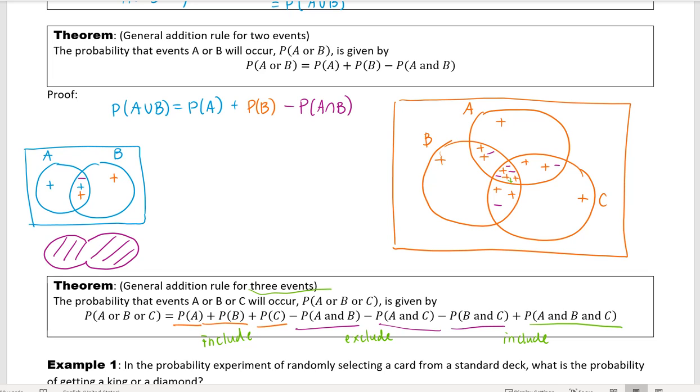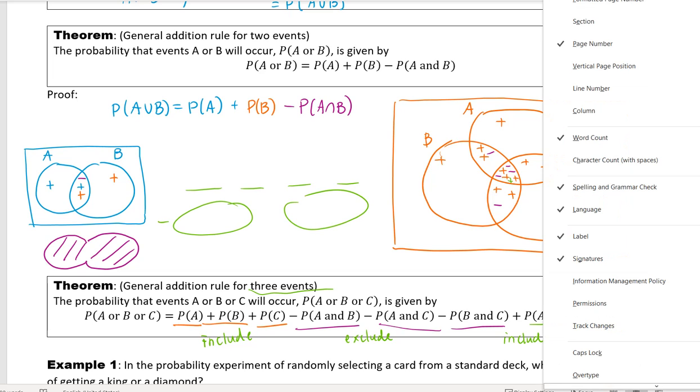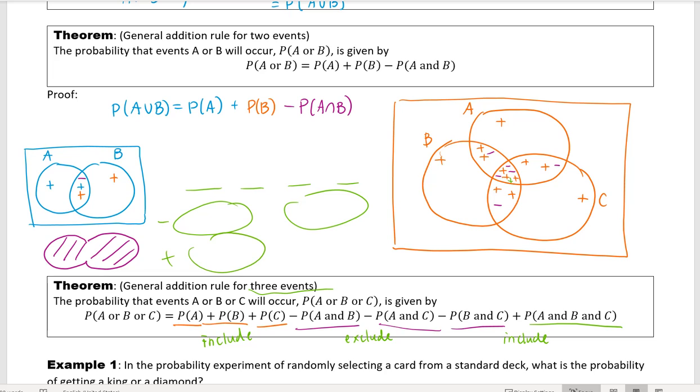If we have more than 3 events, we include all the P(A), P(B), P(C), P(D), etc. And then we subtract the probability of intersection of each pair. And then we add the probability of intersection of 3 of them. And then we subtract the probability of 4 of them. So you just keep going. That's why it is also called the inclusion-exclusion principle.